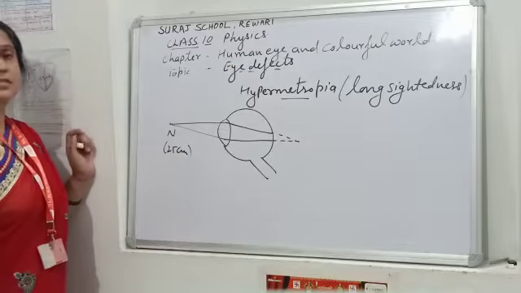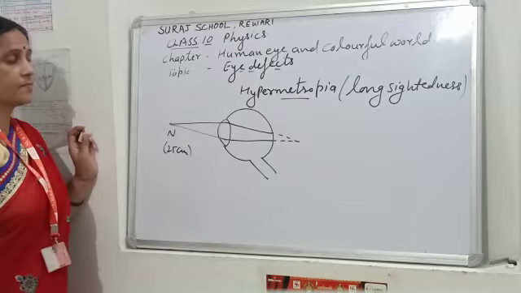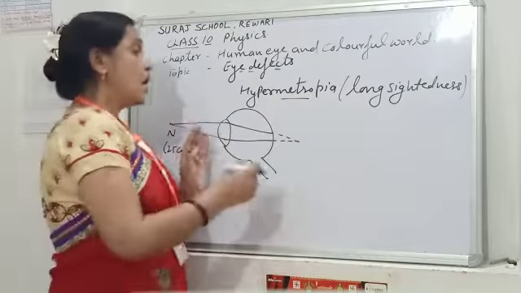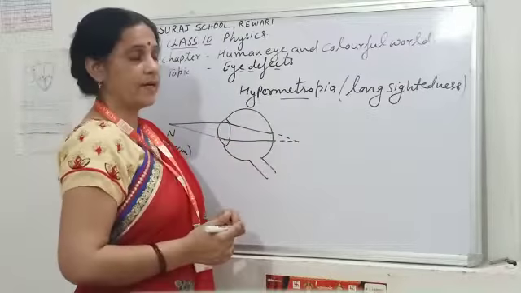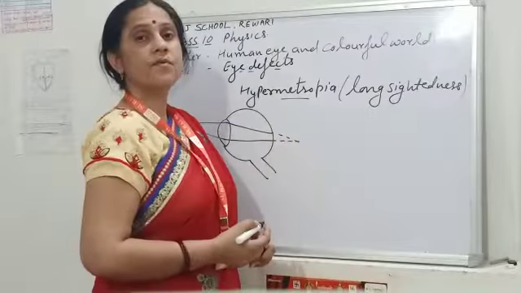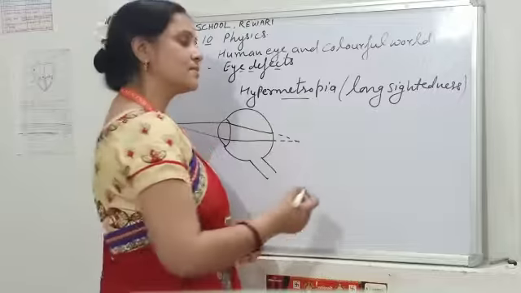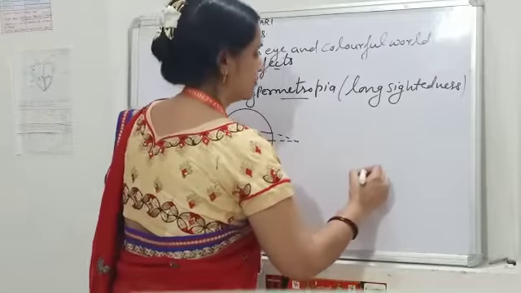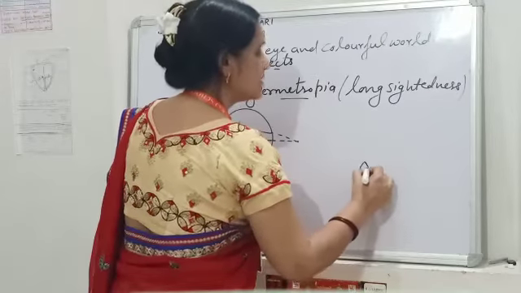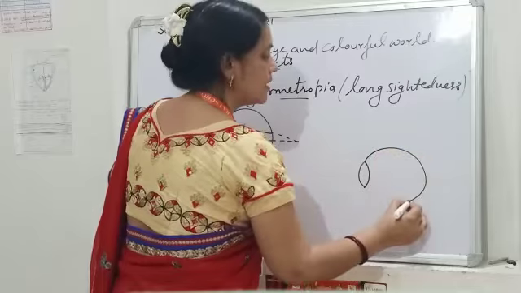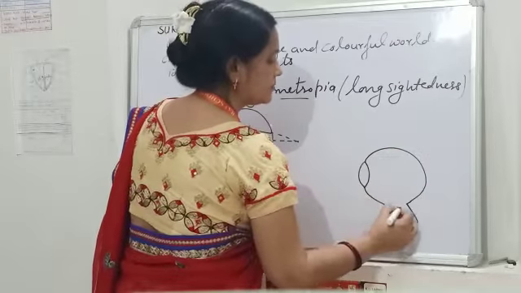And it causes hypermetropia. But now, how can we correct this defect? With the help of a converging lens, a convex lens. This defect, hypermetropia, can be corrected.